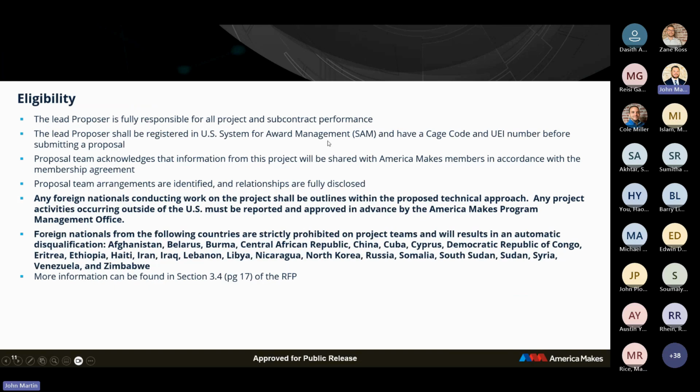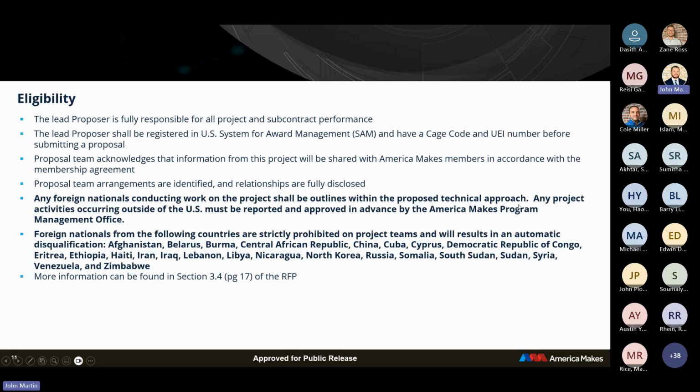Eligibility. For yesterday's project, we had a little tighter eligibility requirements. This one's more standard. So the eligibility requirements listed here. Any foreign nationals conducting work on the project should be outlined within the proposed technical approach.